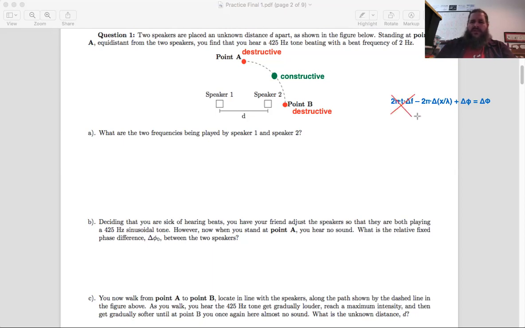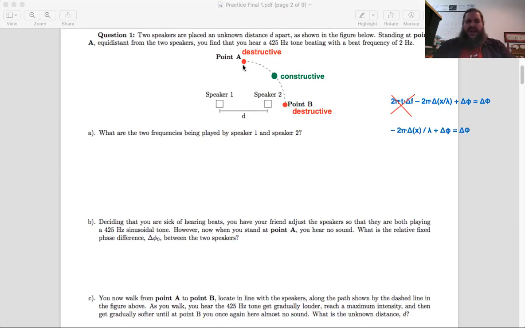There's no difference in the time term. And there's also no difference in wavelength, so we can ignore the time term entirely, and the lambda term can be factored out of the delta. So 2 pi delta x over lambda.